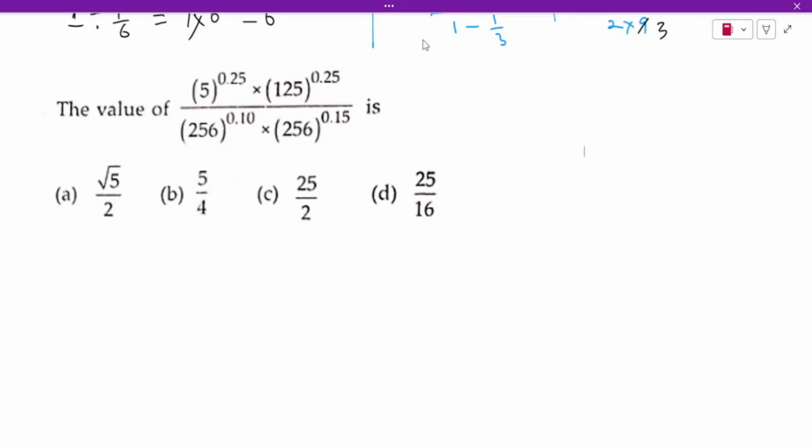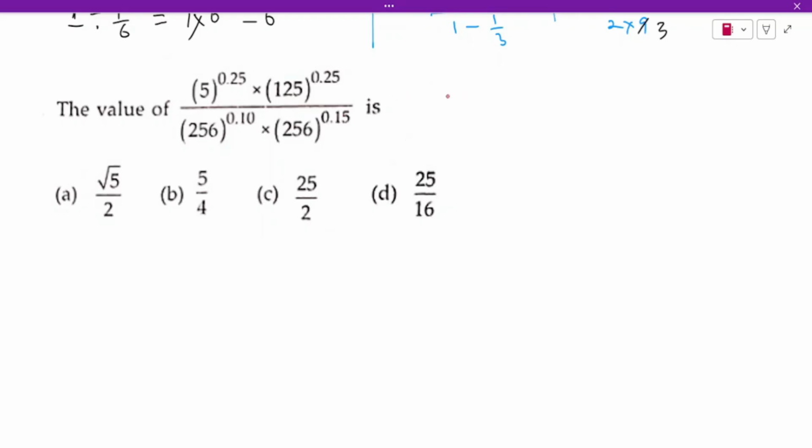So first we need to check: the numerator has base 5 and 125, which is nothing but the power 3 of 5, and in the same way we have base 256, which is a power of 2 or a power of 4 or 16. So we just have to simplify both numerator and denominator.